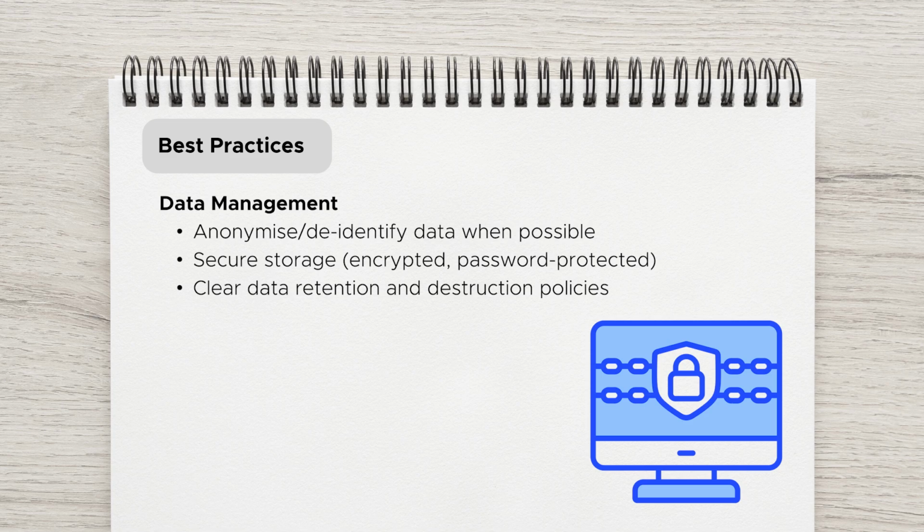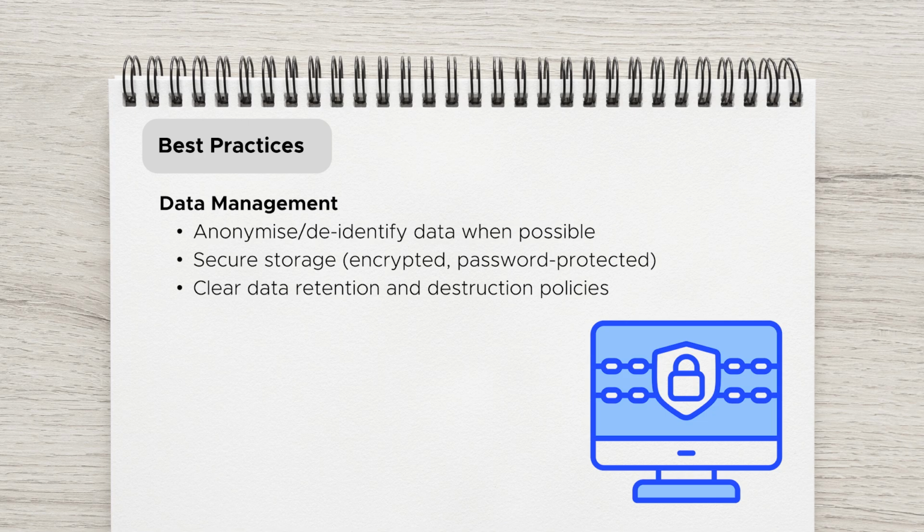A very important part of modern research practices is data management, simply because the volume of data has increased by leaps and bounds. It is important to note down in the IRB application how you wish to anonymize or de-identify data, if at all you intend to.